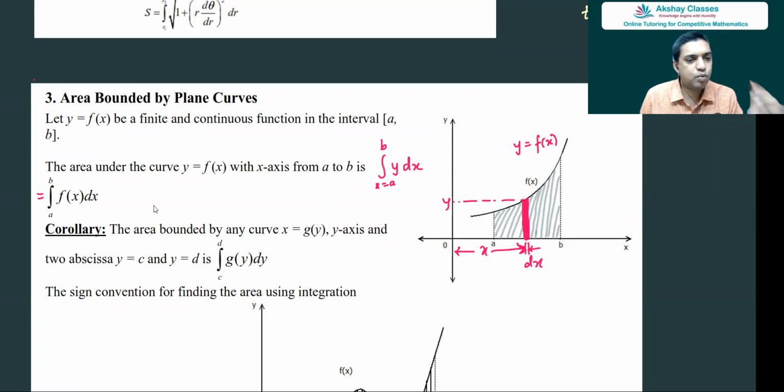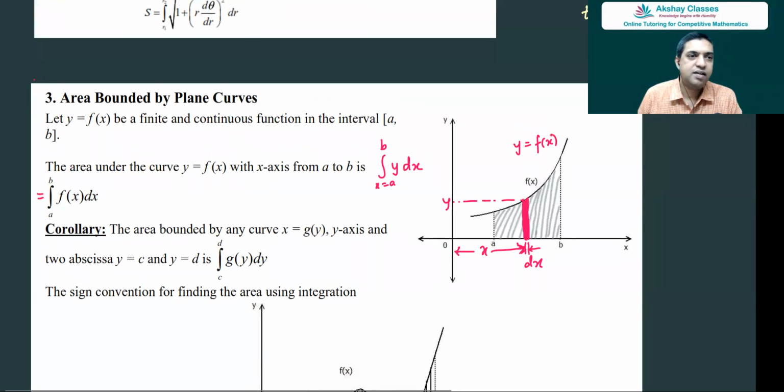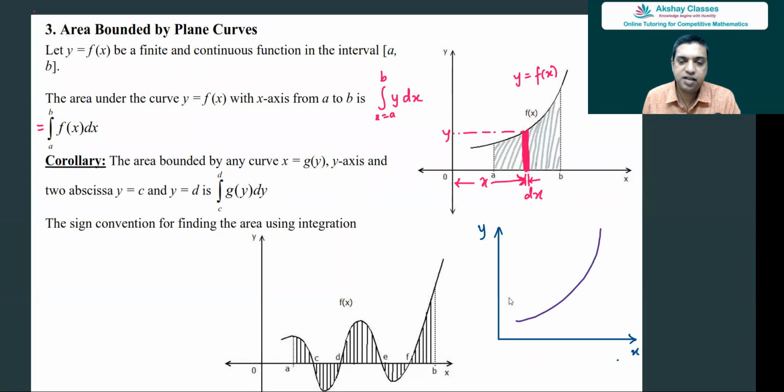Now, suppose we want to find the area in terms of y. So let's look at that. I'll use this graph, x, y, and we have a curve. This is the curve.